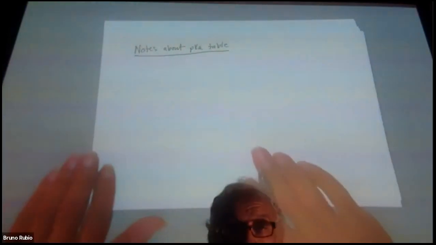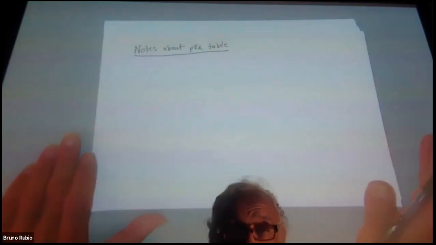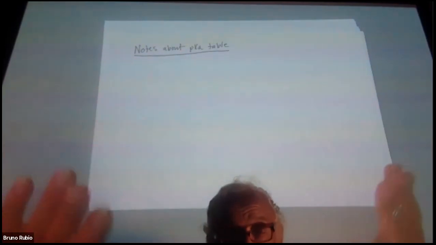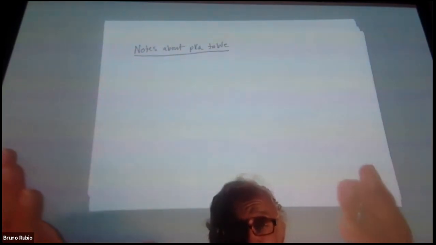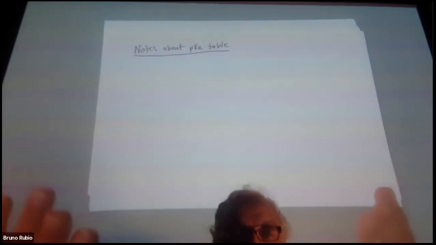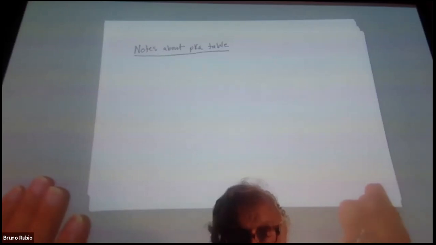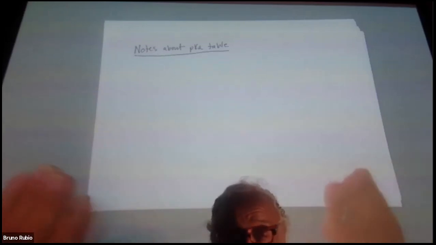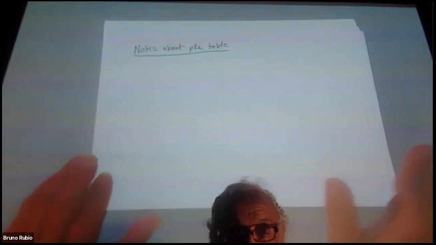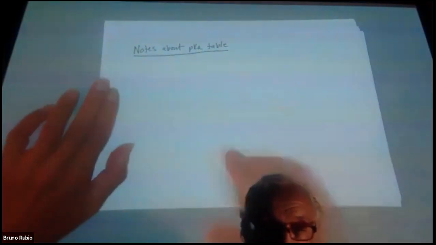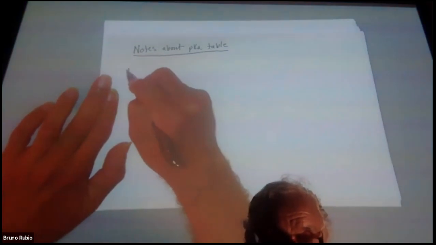Since this is organic chemistry, and organic chemistry is the study of the compounds of carbon, there are a lot of entries that have protons on carbons on there. But it's important to be able to distinguish the different situations, because all of those protons are not interchangeable. So I want to make some notes about the use of that table.